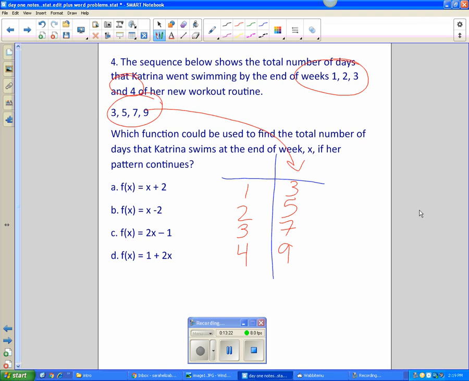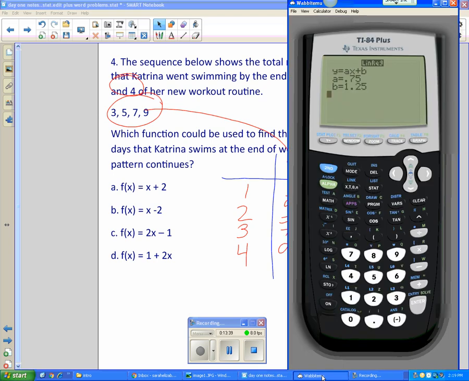Okay, after I make my own chart, Andrea, what do you think I'm going to do? Where am I going to put this in the calculator? What button do I have to press? Stat. So it's already 1, 2, 3, 4, so I don't really have to clear that side out. It's right here.